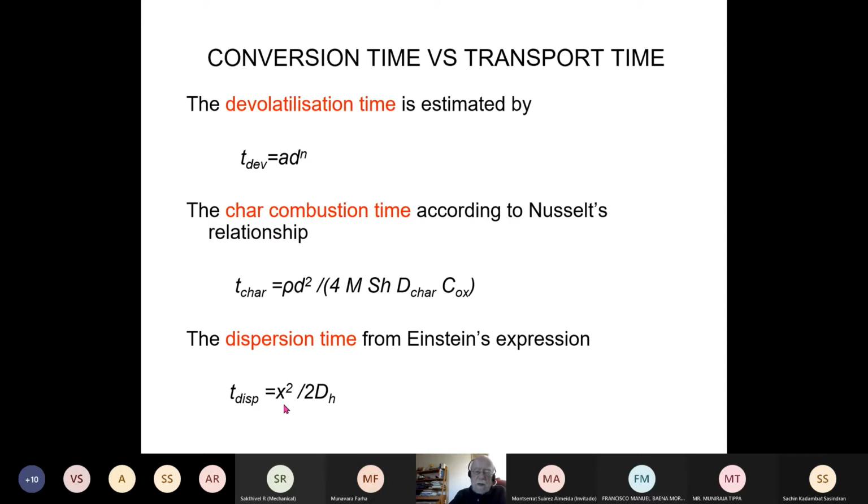Now, this is the Einstein equation, which David referred to in his presentations. It gives the dispersion time as a function of the distance and the dispersion coefficient in the horizontal direction. This, of course, is an abuse of Einstein's expression to use it here, because this was derived for molecular interactions in a gas, and it was then isotropic and stochastic.